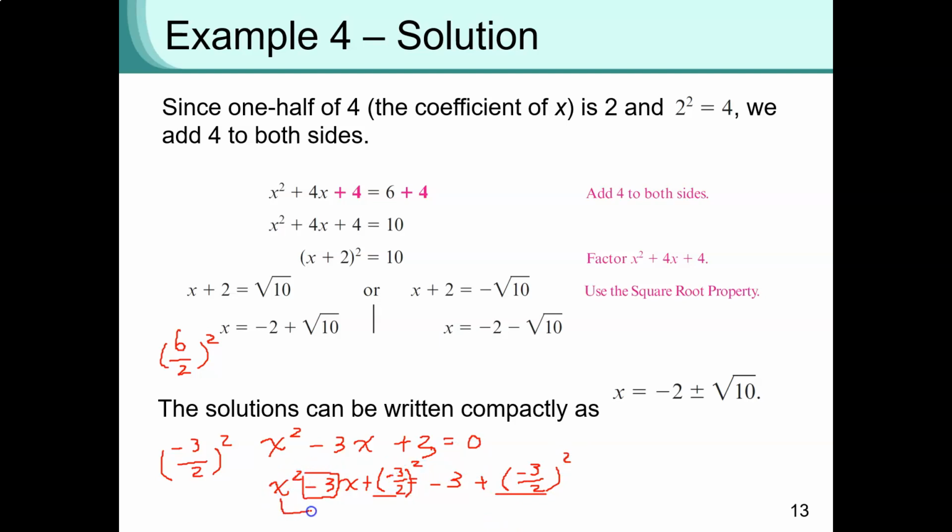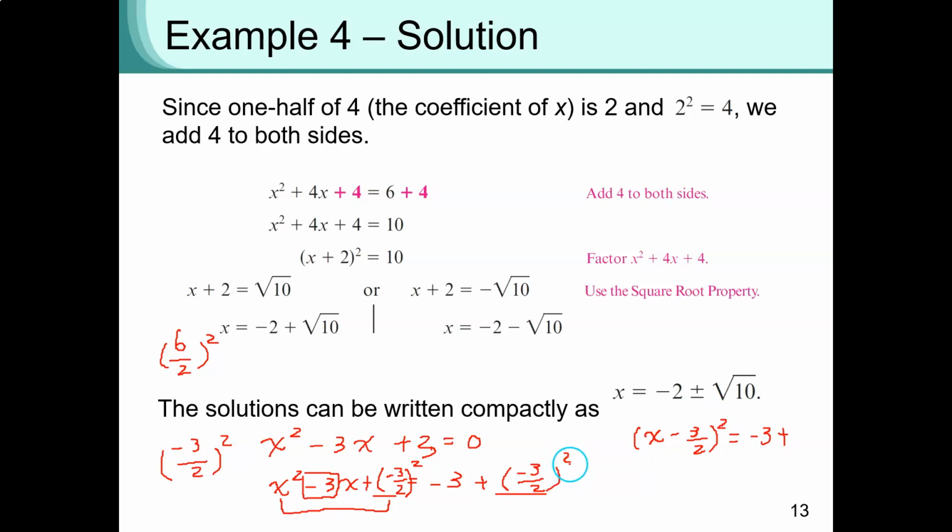Now we combine the base of the first term and the base of the third term to get the factor form. The factor form on your left hand side is x minus, right? This is a minus. So x minus 3 over 2 everything squared is equal to -3 plus -3 over 2 squared.